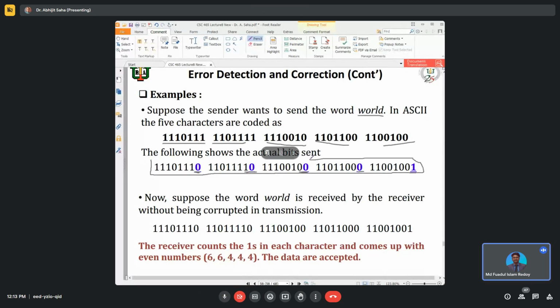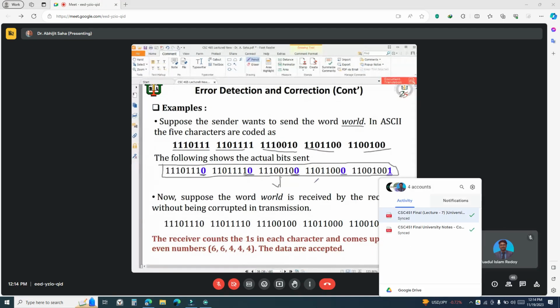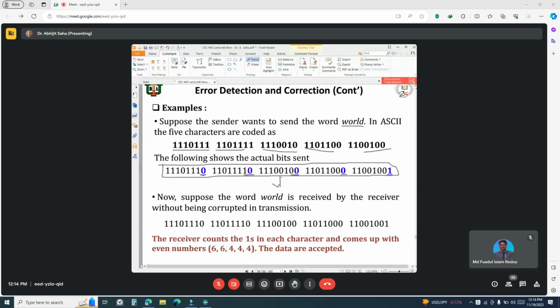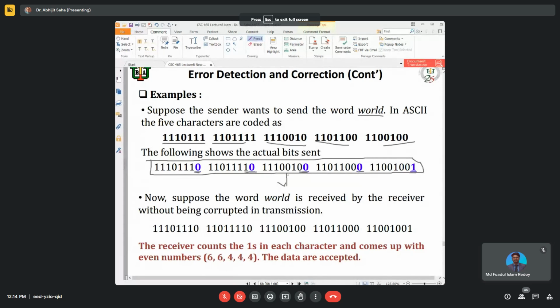Similarly, this is actually encoded. Yeah, your words are breaking. Can you repeat it? Your words also are breaking actually, because of the internet, I think. Can you repeat your question? Someone has asked some question. Who is it? I don't know. Fuad bhai, you ask the question.